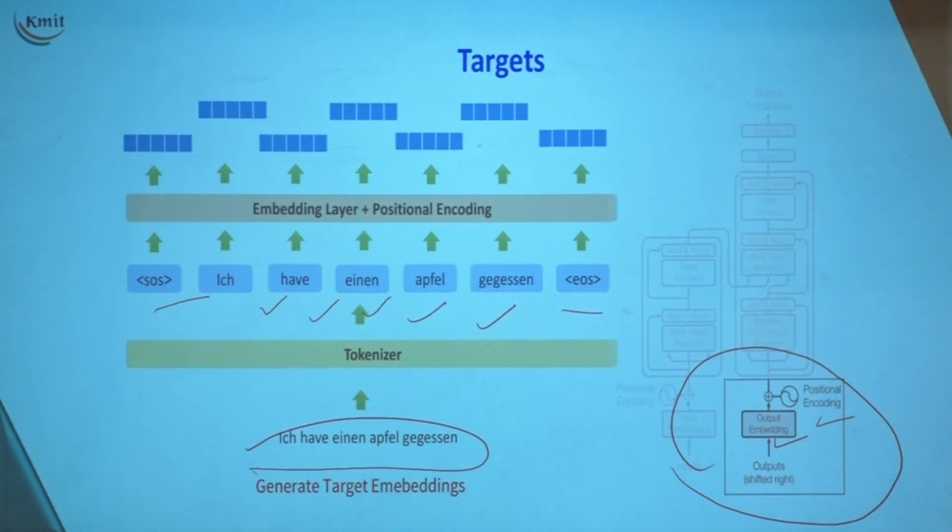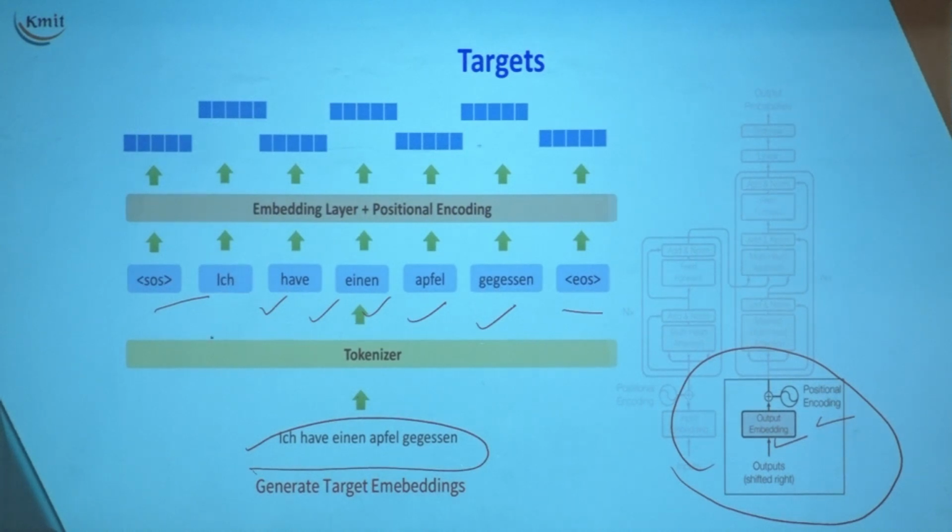I is the first word, ate is the second word, apple is the third word, and an ending. But here conversion takes place, right? So start of sentence. First starts with what? I am starting. After that, first word conversion, second word conversion, third word conversion, and then finally n words, and then I say end of sentence. Are you all clear?